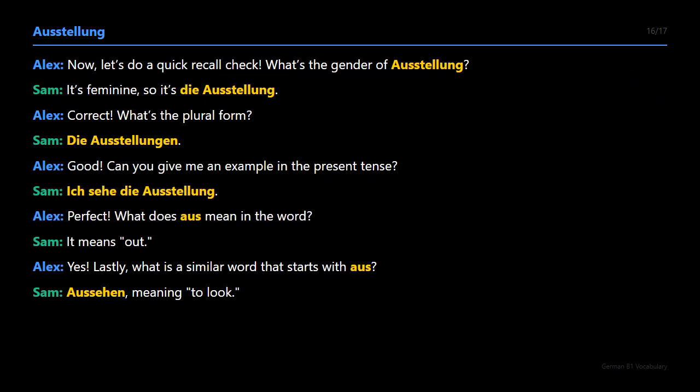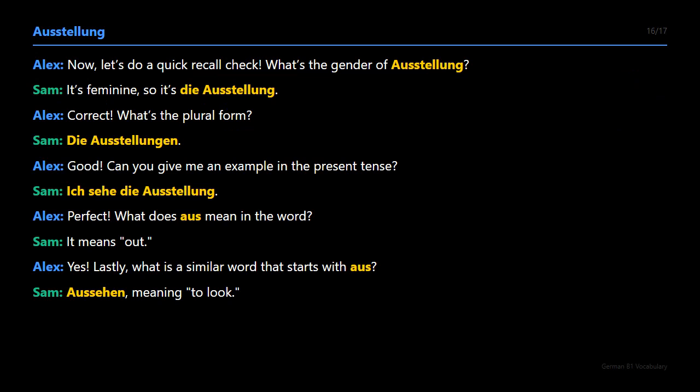Now, let's do a quick recall check. What's the gender of Ausstellung? It's feminine, so it's die Ausstellung. Correct. What's the plural form? Die Ausstellungen. Good. Can you give me an example in the present tense?